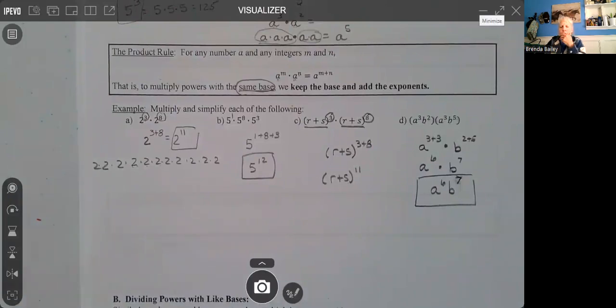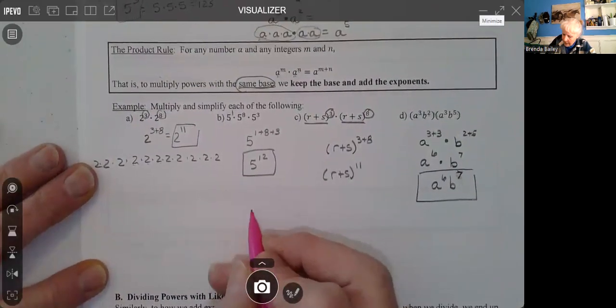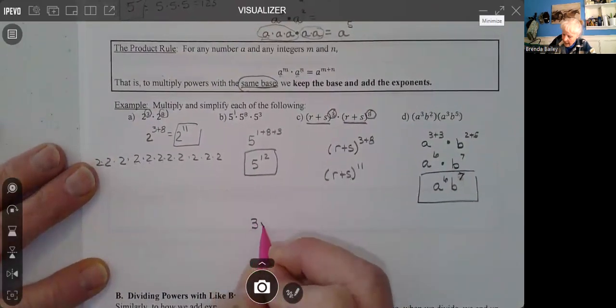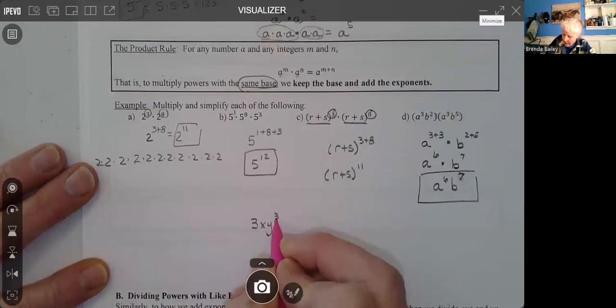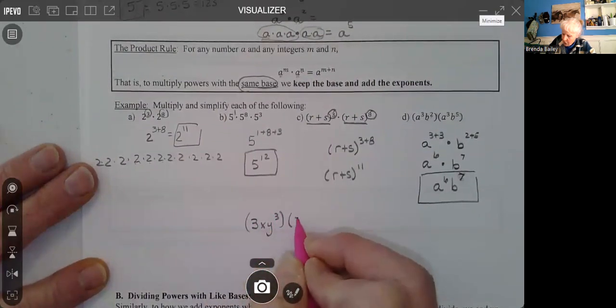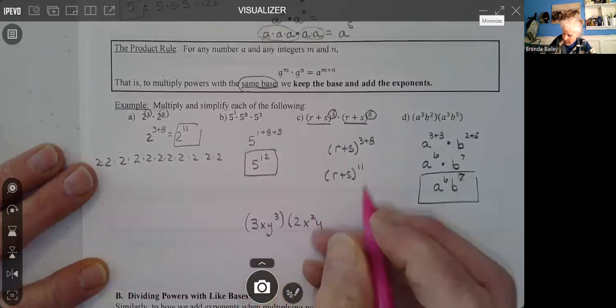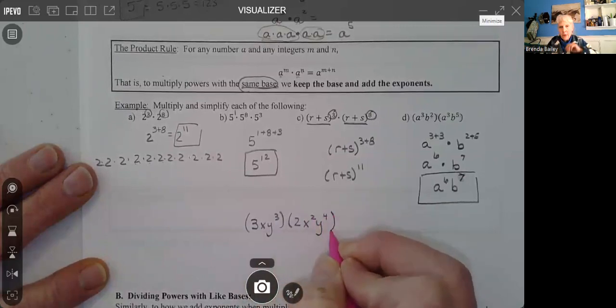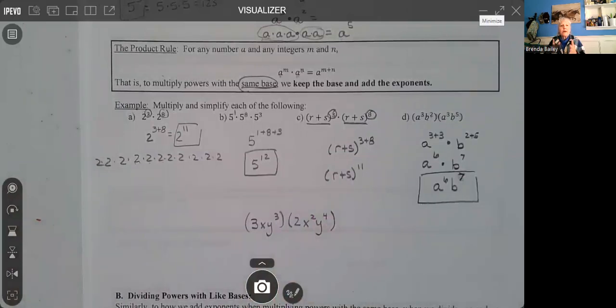Now, the numbers in front, there are times when they'll put a number in front, and we're going to go ahead and talk about that right now, and then we'll do some more practicing later. As an example, let's say I had 3xy cubed times 2x squared y to the 4th. Let's say we were multiplying that because now we've got these numbers in front. And if you'll notice on D, there weren't.